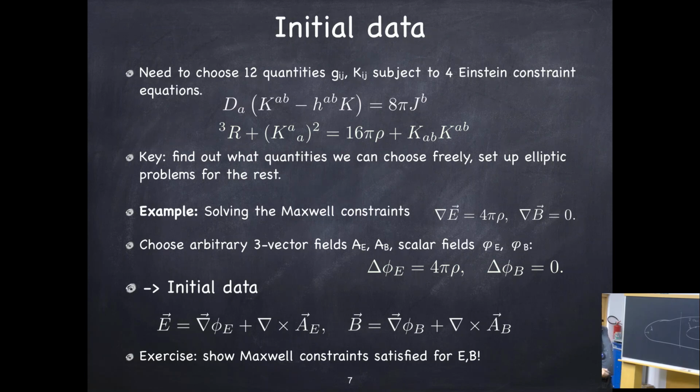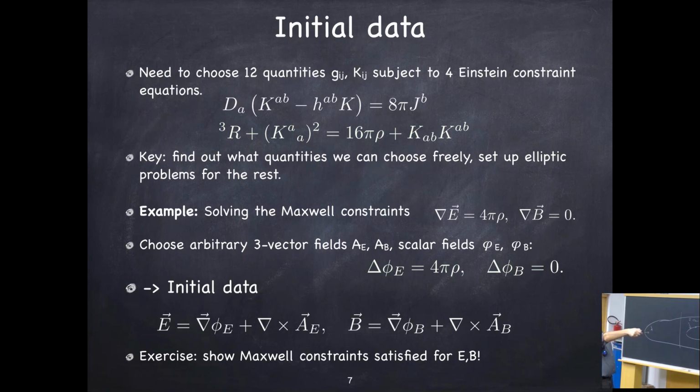Because that's complicated, let's do Maxwell first. So you know Maxwell, these are the Maxwell constraints. How do you actually solve those? A standard way of solving this is you choose freely these 2 3-vector fields, A_E and A_B, and 2 scalar fields, phi_E and phi_B. Then you solve these elliptic equations.